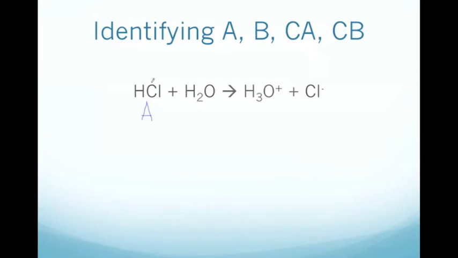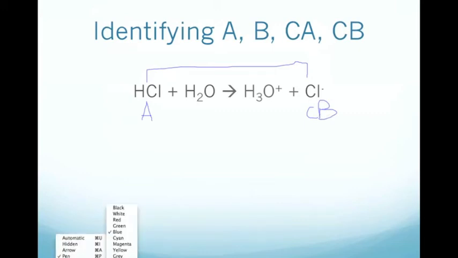And you see it donates a proton to H2O, which forms this. Okay, so its pair at the end is going to be Cl minus. This becomes more negative. Okay, so that becomes our conjugate base. And I just use Cb to represent conjugate base. All right.